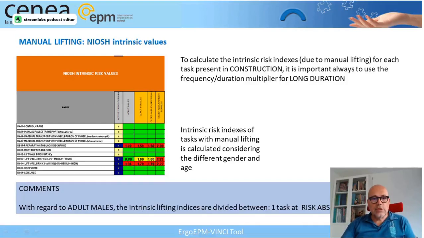That is why we have different risk indices. In the risk indices of this exposure group, in principle for adult men, one task has a completely acceptable risk and the other two tasks have a significant but low-level risk index.